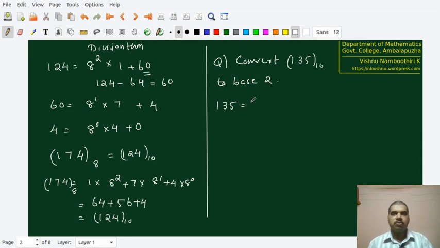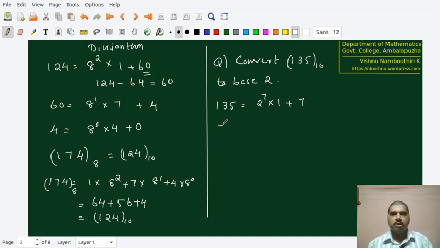The largest power that can be accommodated is 2 to the power 7, which is 128. So 2 to the power 7 is 128, remaining is 7.